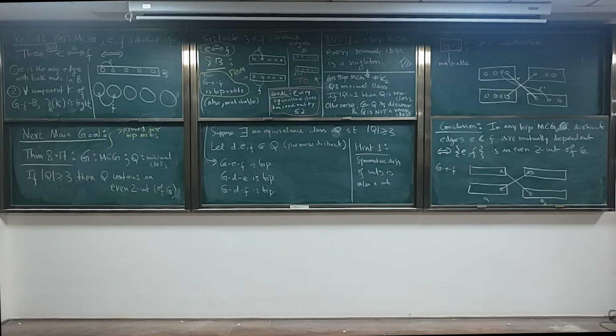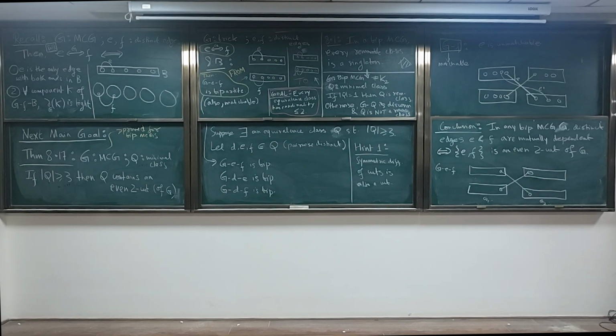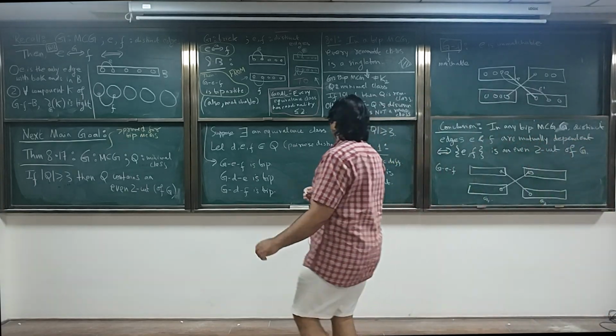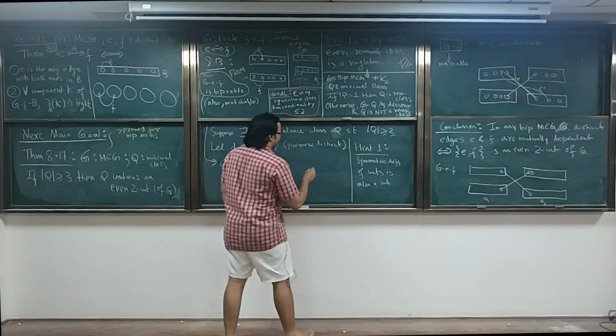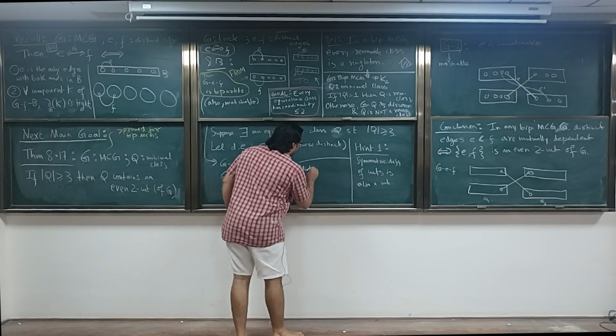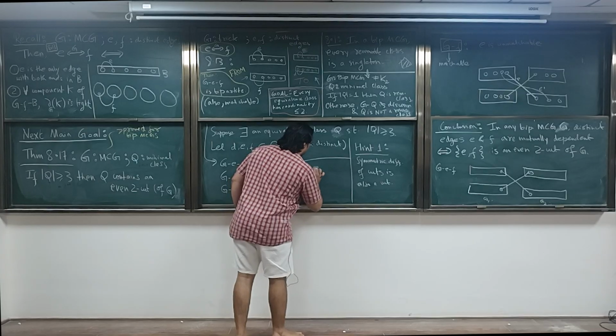This was an exercise in the DIY. E of G is a cut of G if and only if G is bipartite. No, DIY. Too easy for assignments. This is hint 2.